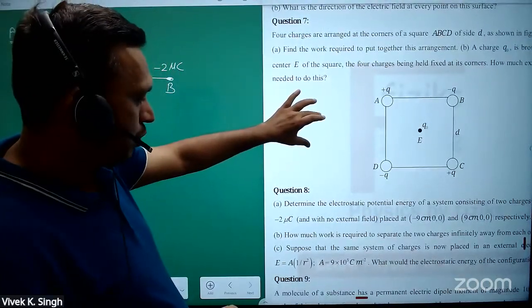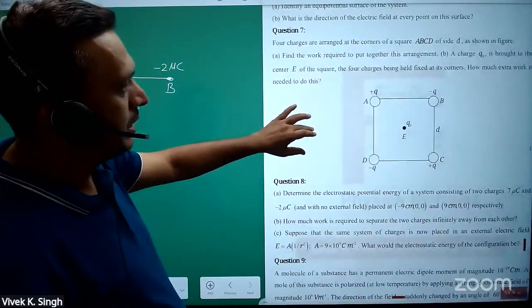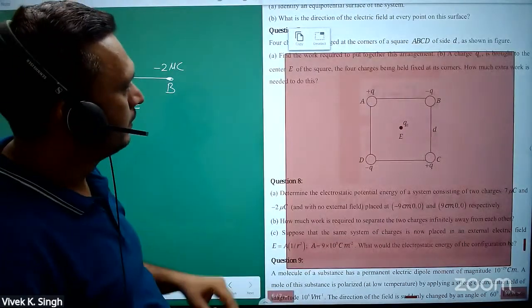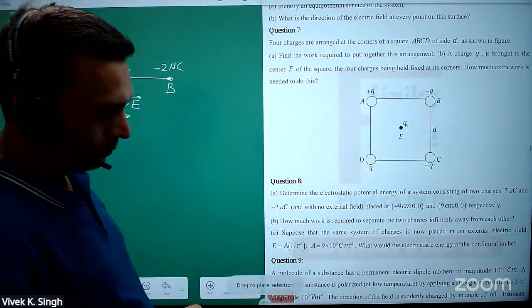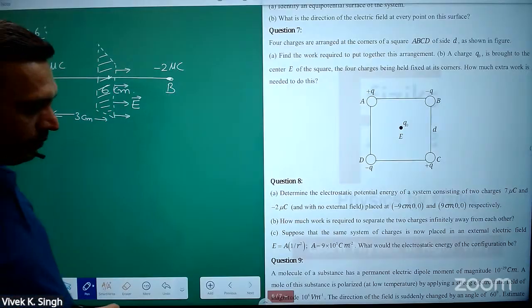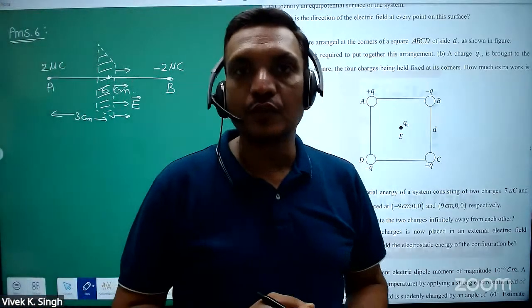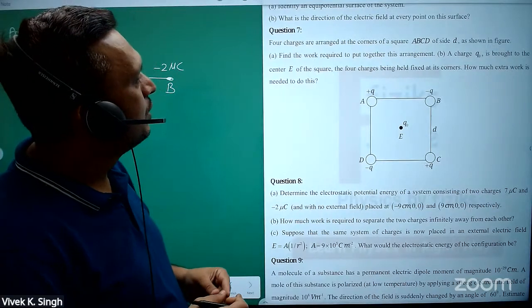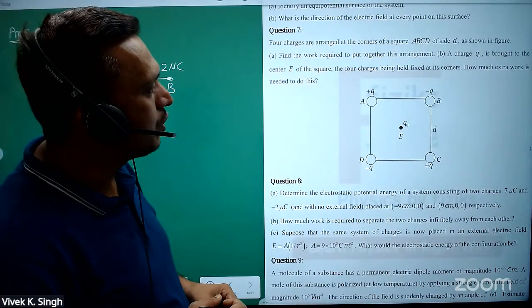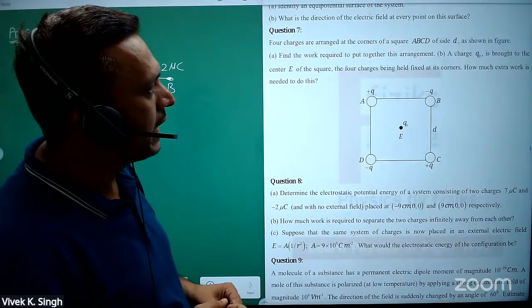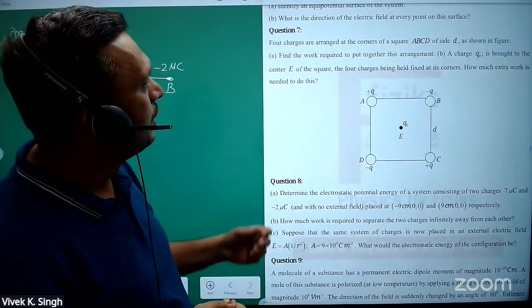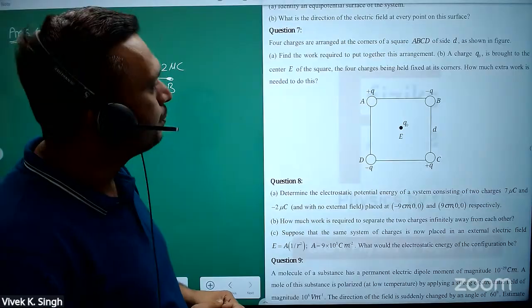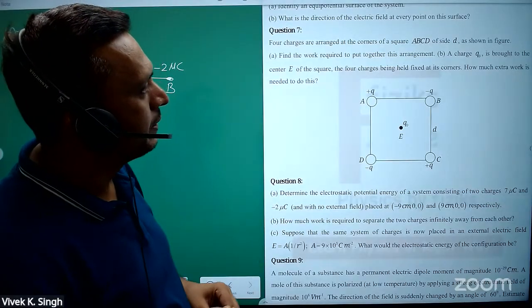Now you have to solve question number 7. Now this you have to try. This is based on electrostatic energy or potential energy of a system of charges. So 4 charges are arranged at the corners of a square of side D. Find the work done required to put together this arrangement.